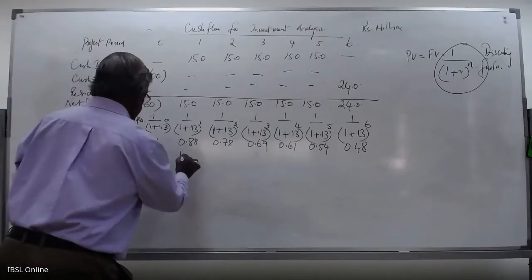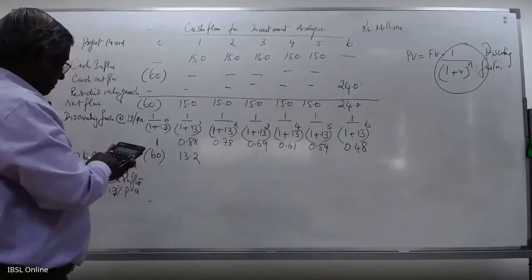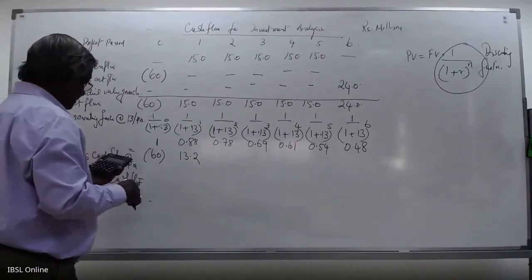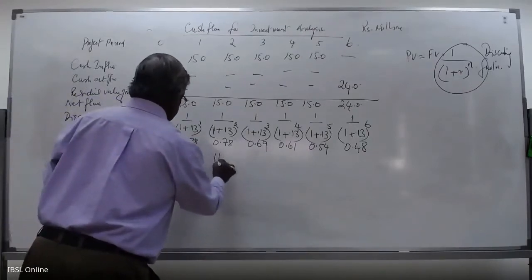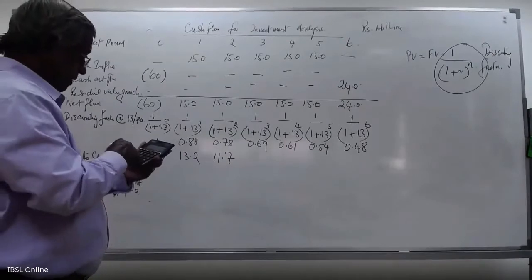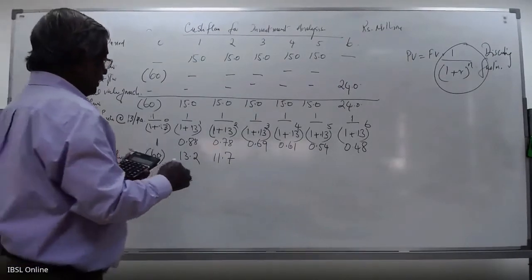Now 15 million multiplied by 0.88, 13.2. Multiplied by 0.78, 11.7. Multiplied by 0.69, 10.35.